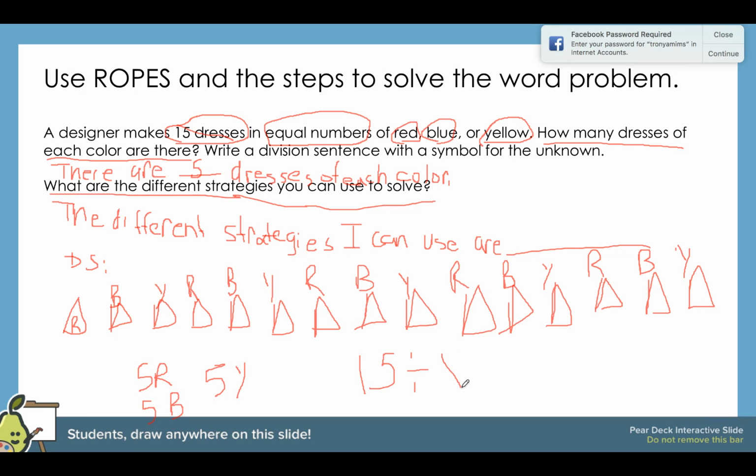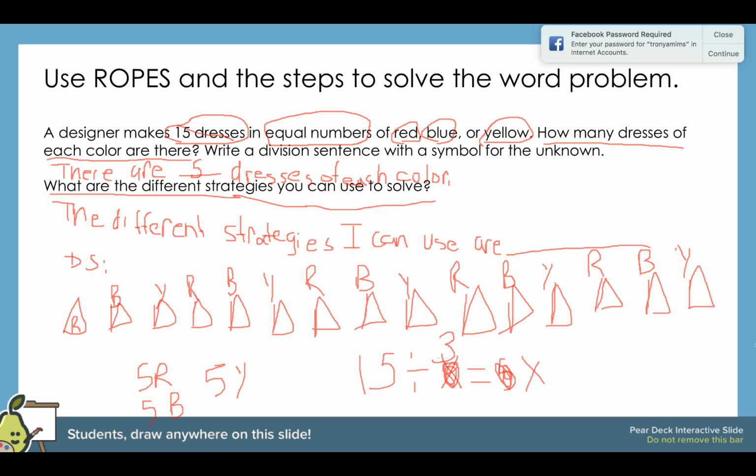We didn't know, so we could have put an X there, equals the number that's in each group. Wait, I said 15 divided by 3. I'm sorry. We knew the groups. There are 3 different groups. So it's 15 divided by 3 equals X, because the 5 is what we were trying to find.